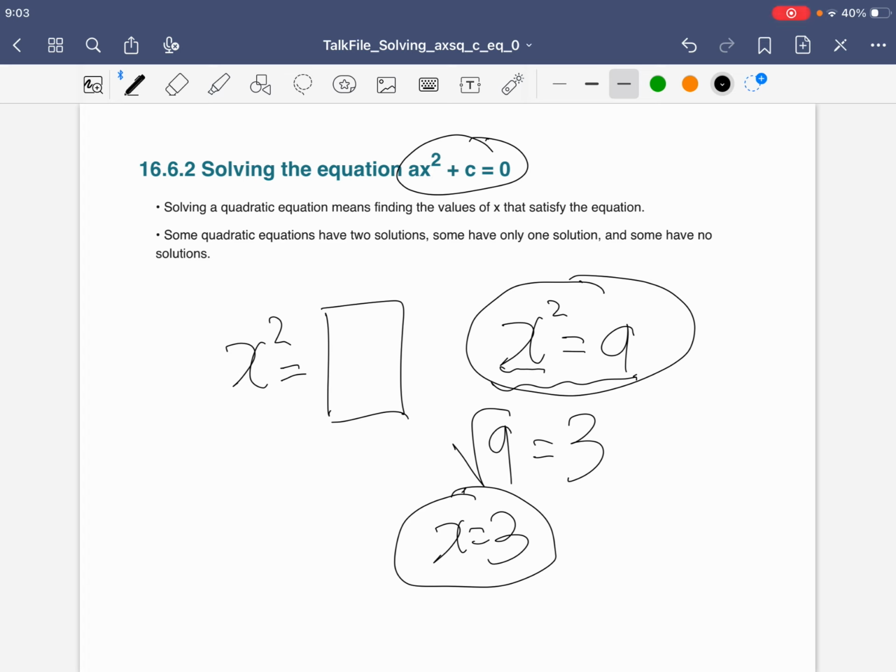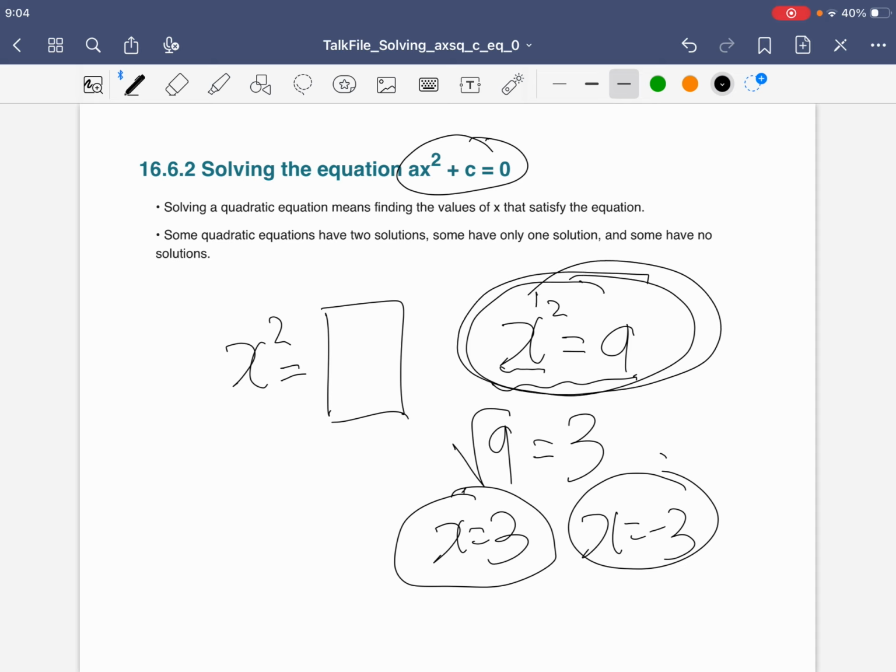We have to ask what number when squared gives 9. Actually, negative 3. If you square negative 3, then you also get 9. So this equation has two x values. One is positive 3 and the other is negative 3.